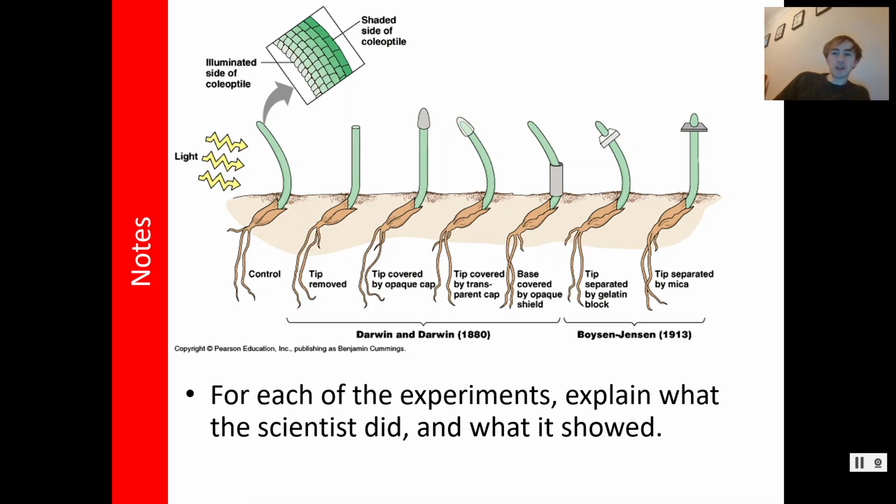And what it showed. So what is the point of each of these 7 different plants? Each one needs a sentence, and you can lay it out however you like. By the end, you need a piece of work which says, here's what happened in each experiment, here's what it showed.